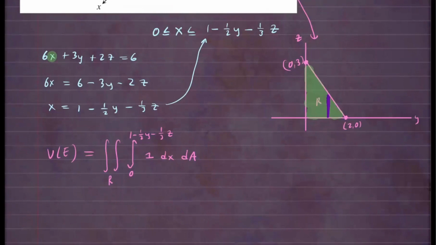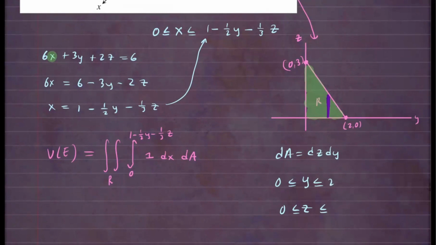So for our dA, we're going to select dz dy, which means y will now range from here to here. So that will be from 0 to 2. And then z is going to range from bottom to top. So the z bottom is going to be 0, but z top is going to be this line. So we need to find the equation of that line.